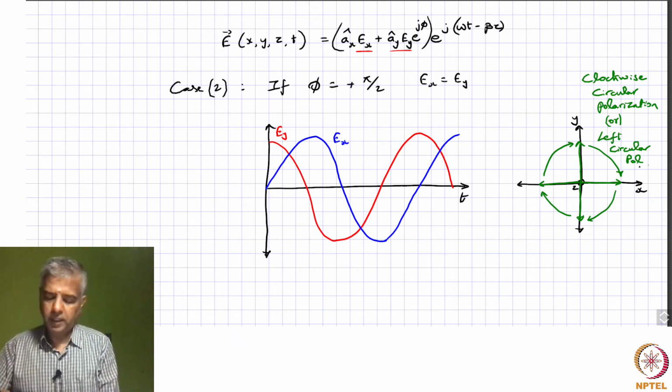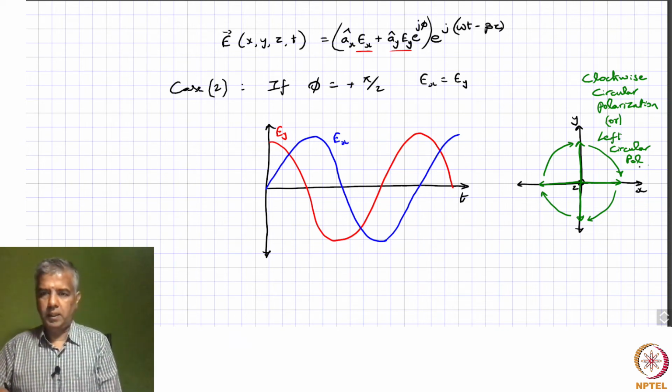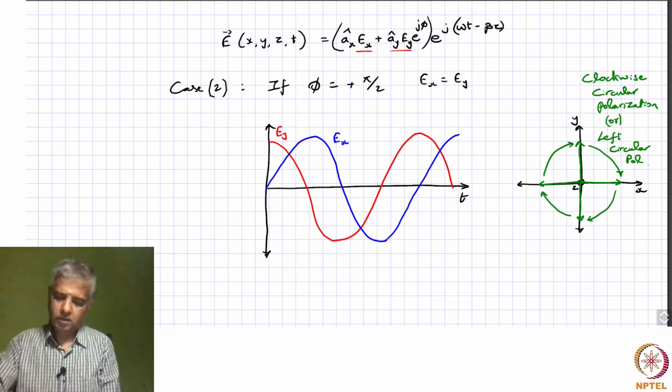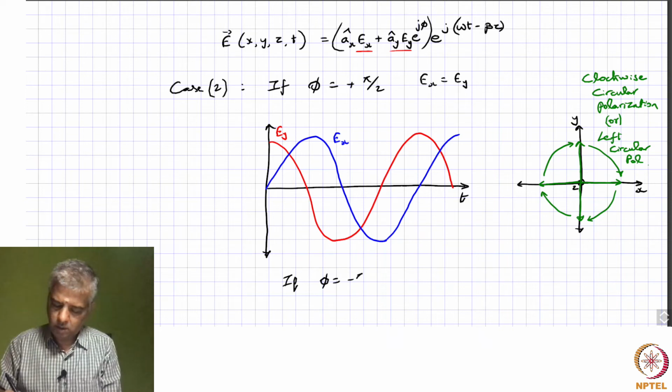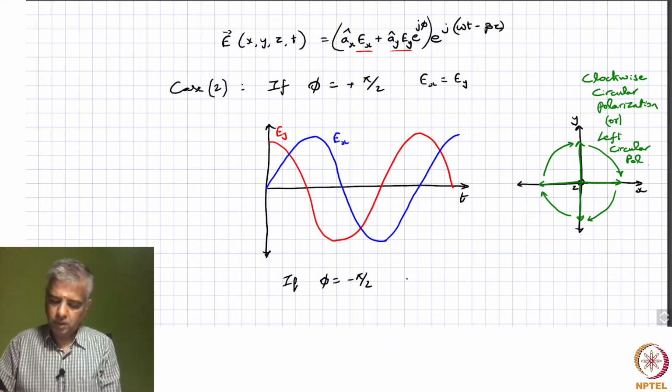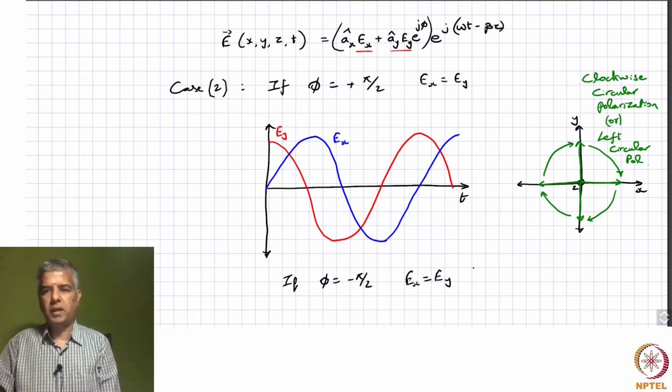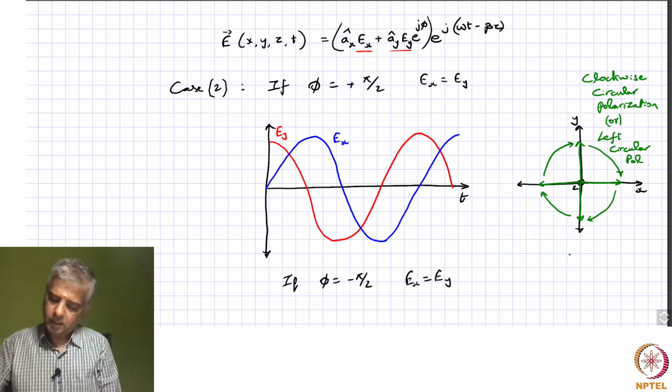Now, if we had started with the case where phi equals minus pi by 2 and Ex equals Ey, you would have seen something slightly different.